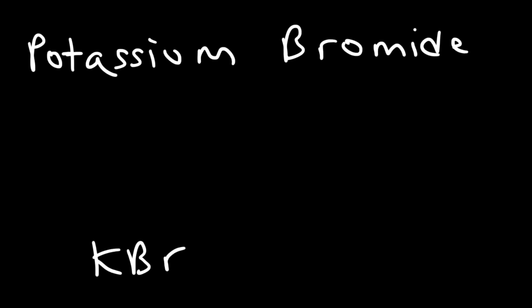Now, writing formulas for ionic compounds could be a little bit more challenging. So let's start with something simple. Let's say potassium bromide. Now, if you were to say it's KBr, you would be correct.